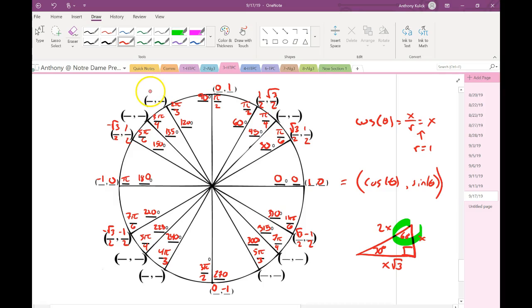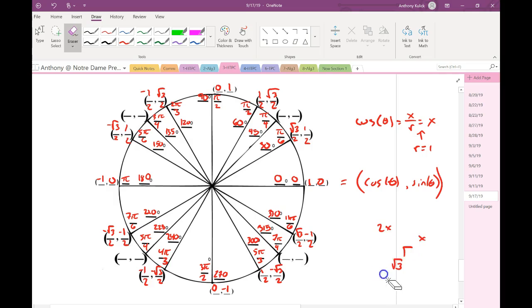In the second quadrant, it's this spot, and I'm going to make the x negative. In the third quadrant, we're talking about this spot, where both the x and the y are negative. And in the fourth quadrant, it's this spot, where the x is positive but the y is negative. Everyone okay so far?